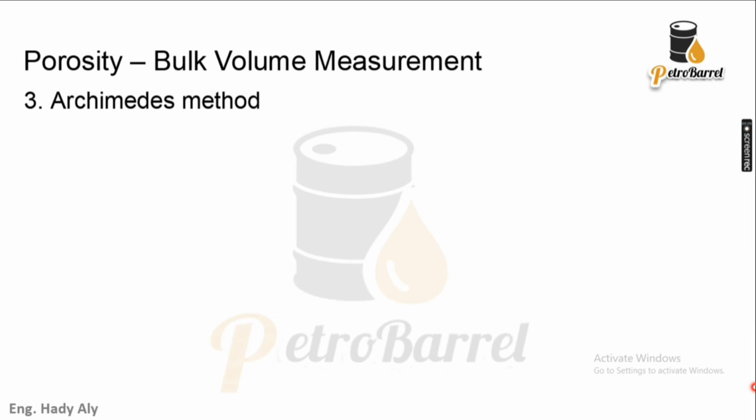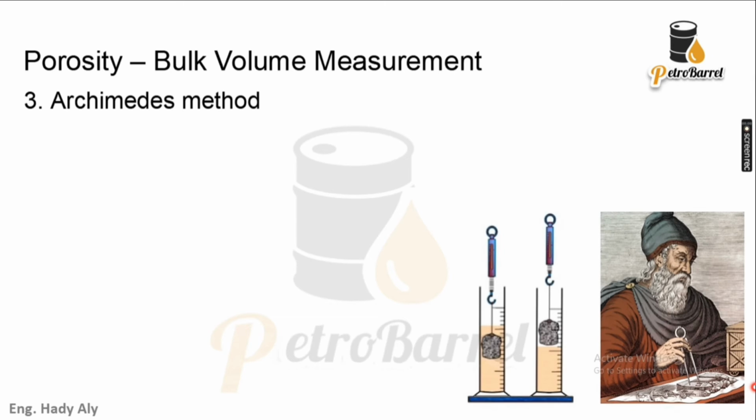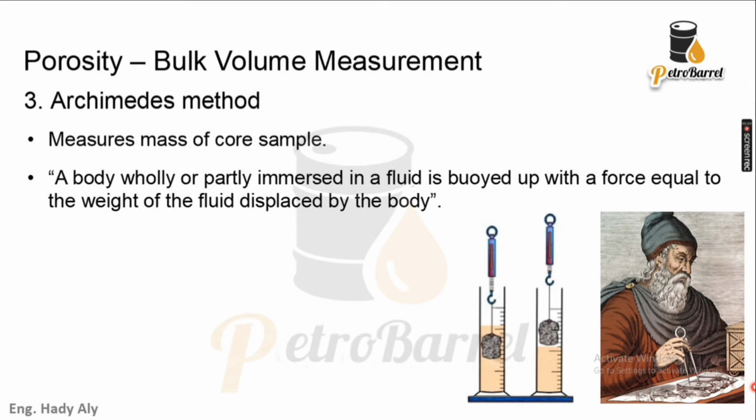The third method is the Archimedes method. This method is simply based on the buoyancy force, at which any body wholly or partially immersed in a fluid is buoyed up with a force equal to the weight of the fluid displaced by this body. So this is the Archimedes method, by the way. So the displaced weight equals the real weight minus the apparent weight. What is the meaning of real weight and apparent weight?